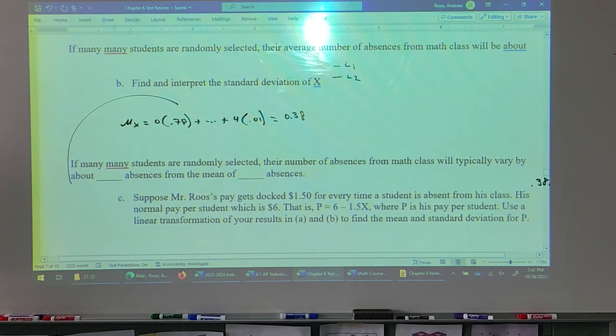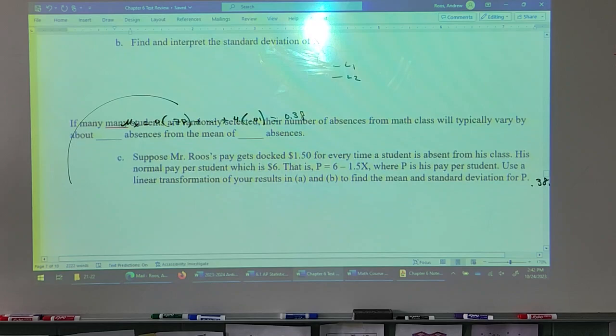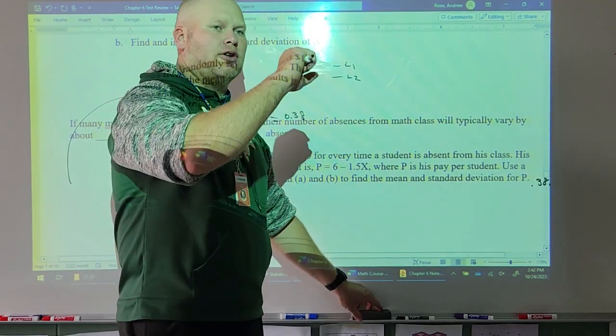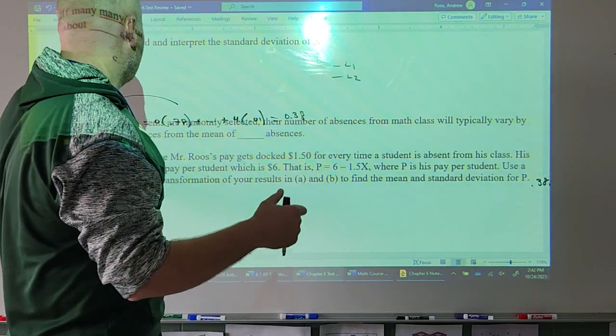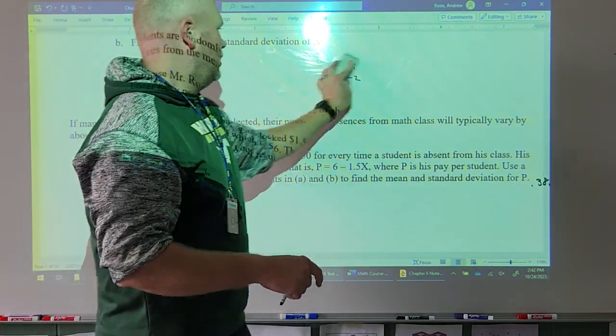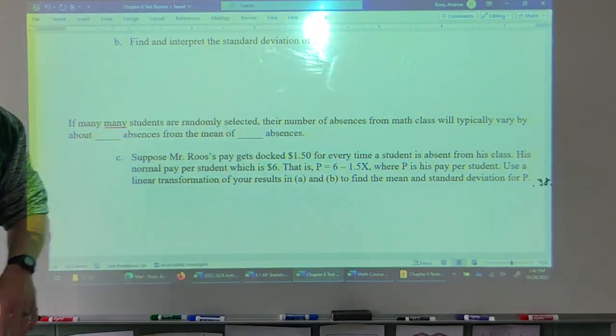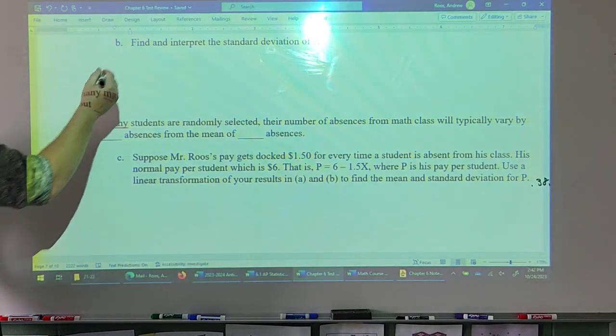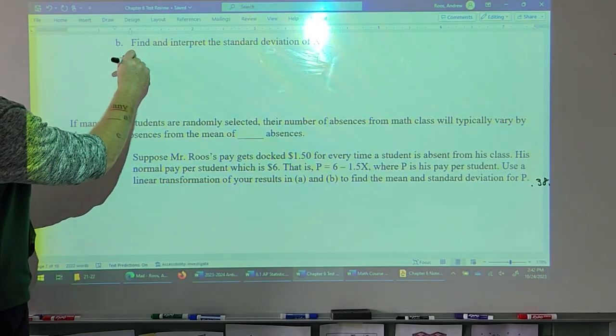Find and interpret the standard deviation of X. So again, doing that one of our stats, it already gave you the standard deviation, so you already have that answer. But for free response purposes, we need to show the first calculation and the last calculation.